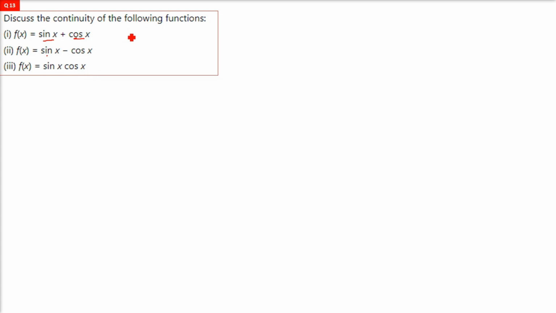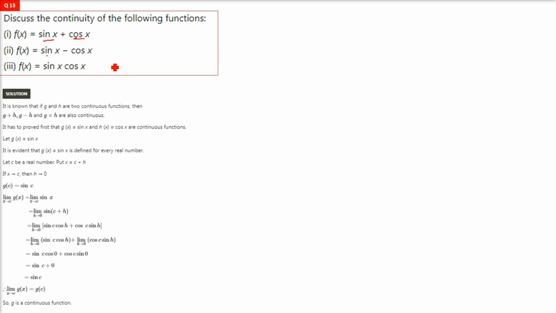For example, if you take one function as g and the other function as h, then this is nothing but the operation between the functions. g in this case is sin x, h in this case is cos x. So we are adding two functions, that is sin x plus cos x, which is g plus h. Then we have g minus h, so sin x minus cos x. And then sin x multiplied by cos x, that is you are multiplying.